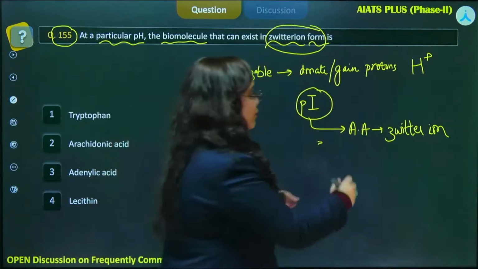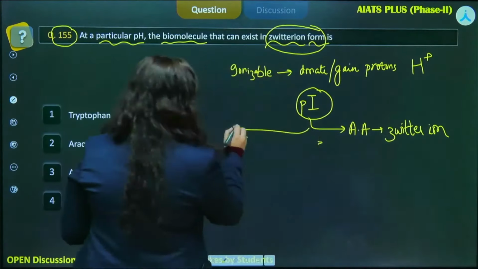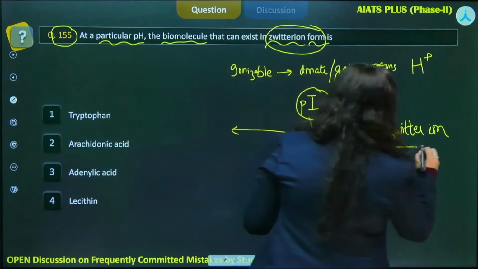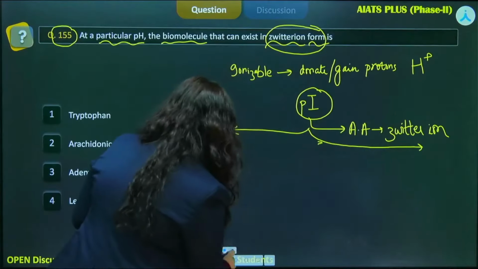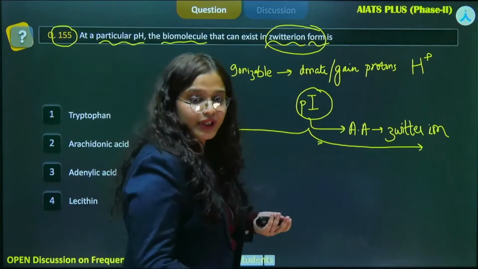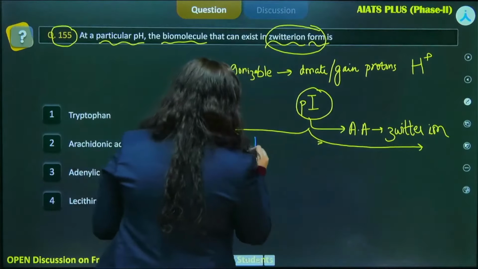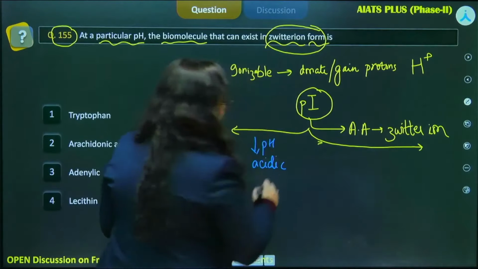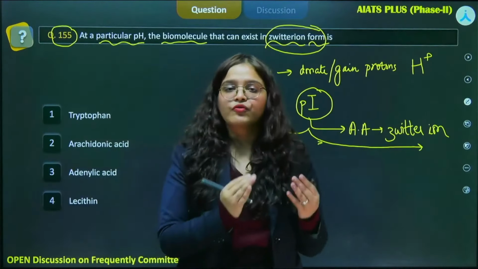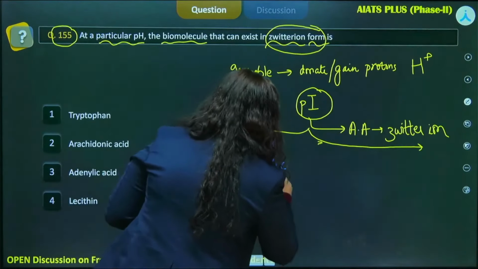It is said that this molecule is neutral, as I have already discussed. So if our pH varies from this pI level, then there will be a change in the structure of amino acid, which means that if my pH level goes down, which means my solution is acidic, then there will be a tendency that the amine group will accept a hydrogen and it will become NH3+.